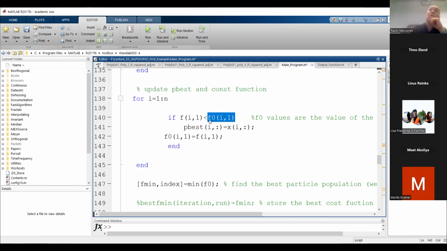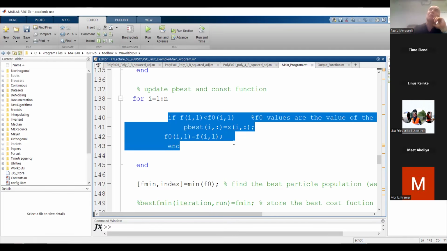Think about F0 as the initialization minimum. If yes, this is the sense of the if, no? If yes, we do this operation and this one. If not, you don't do anything. This is the sense of the if.